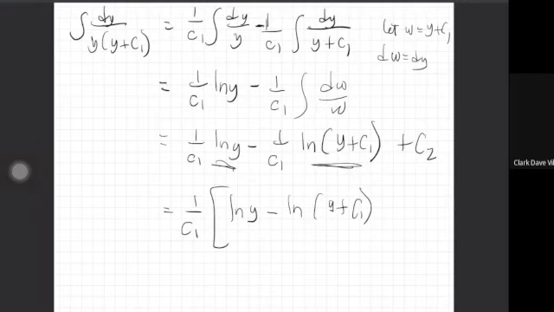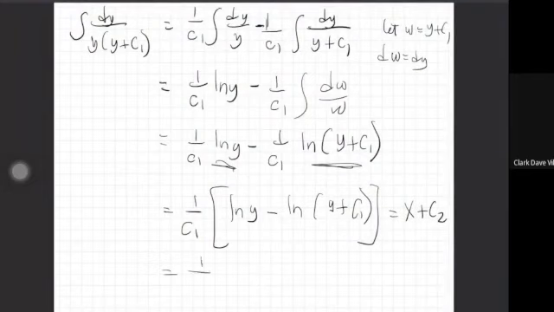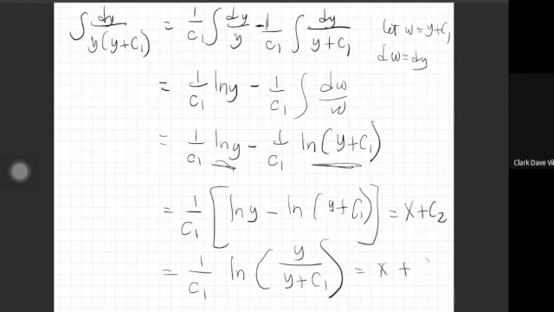Then we remove the c sub 2 there, since it is already accounted for, and this is equated to x plus c sub 2. So that also works. 1 over c sub 1, and this is ln of y over y plus c sub 1 equals x plus c sub 2.